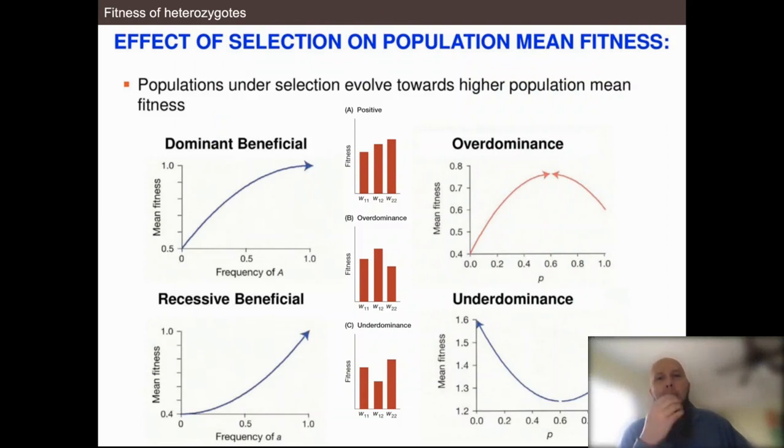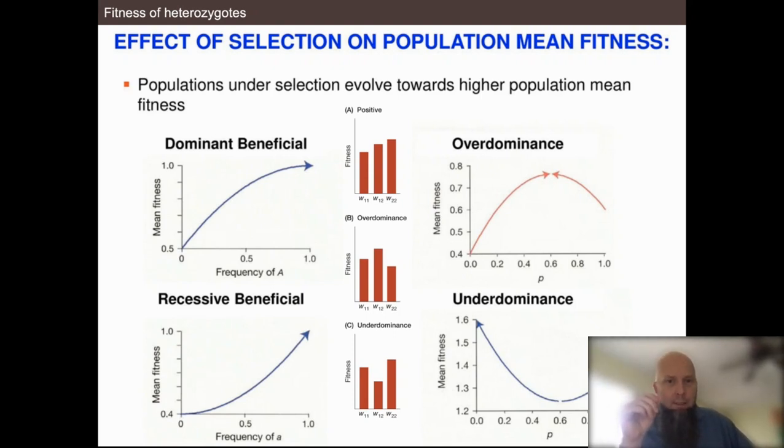Towards the end of the chapter, the text hits again on the fitness of different genotypes, positive selection versus overdominance and underdominance, something I've already talked about right down the middle here. Populations in general, under any of these circumstances, are going to evolve towards a higher mean fitness for the population.